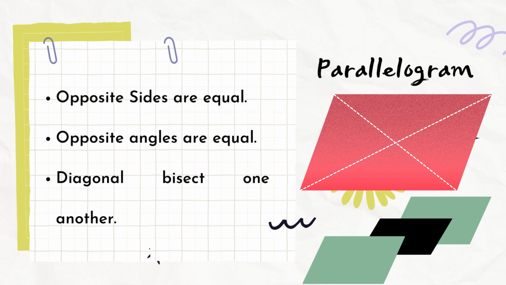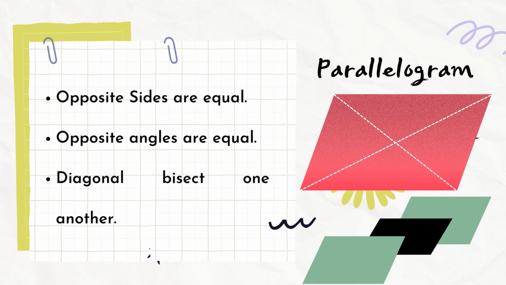So the first point of this property is that opposite sides are equal. If you see the figure, the red color figure with the diagonals, you can clearly see that the opposite sides are equal. In the same way, the opposite angles are equal.